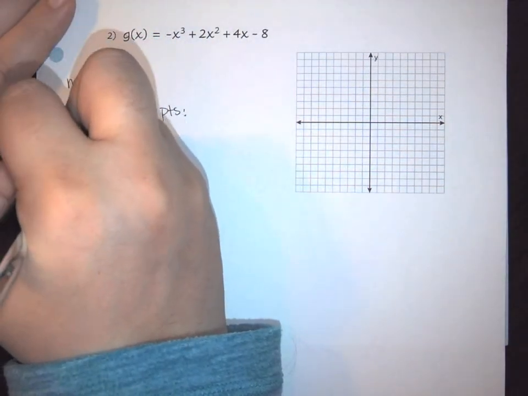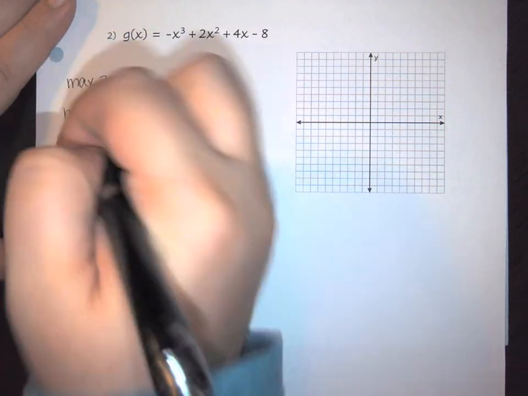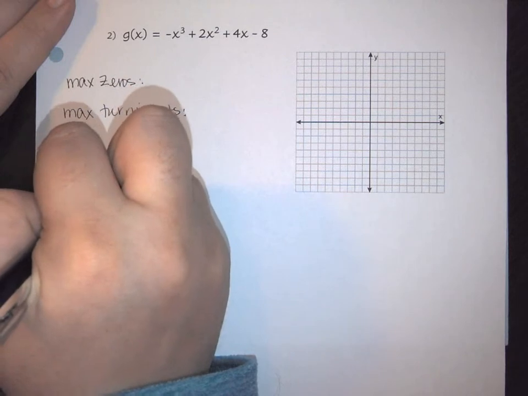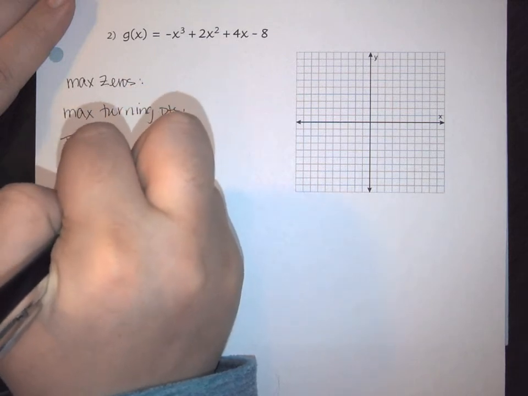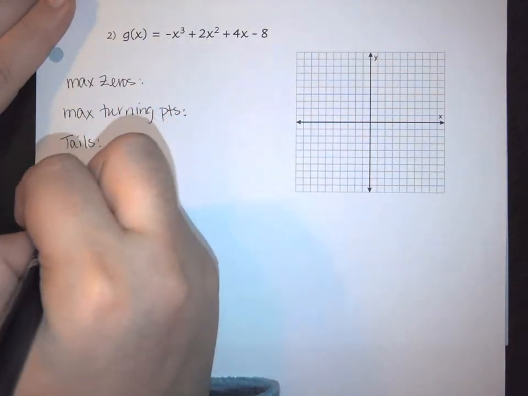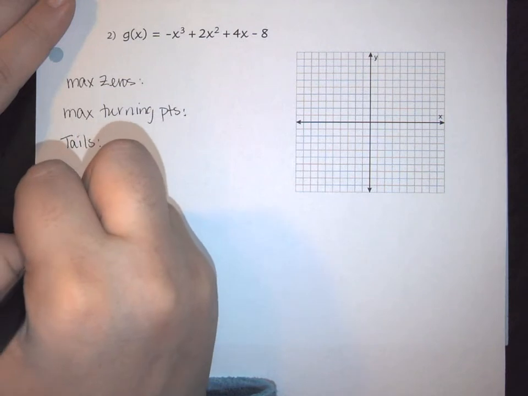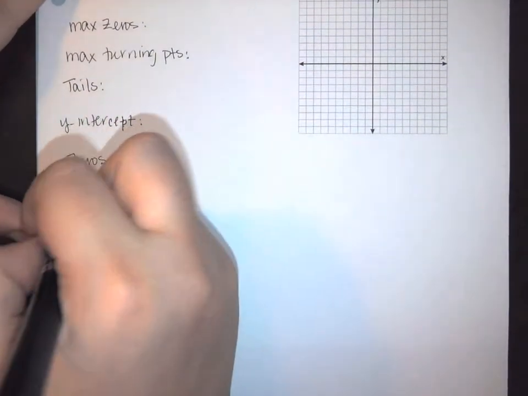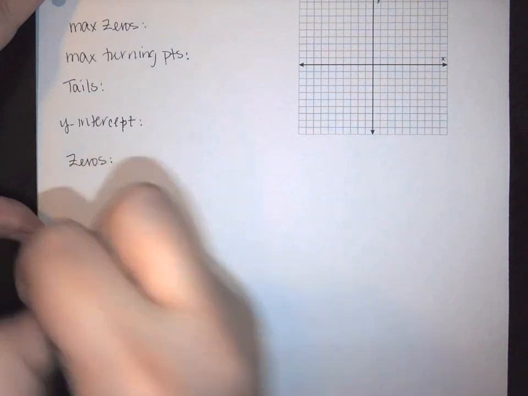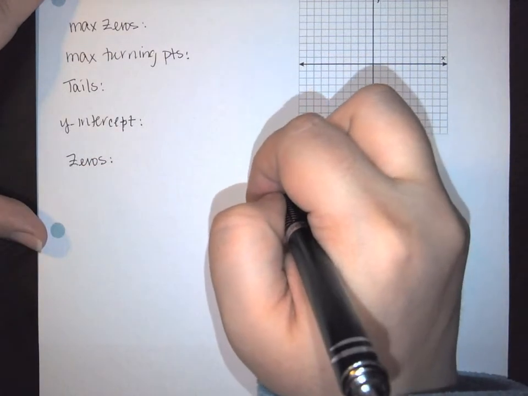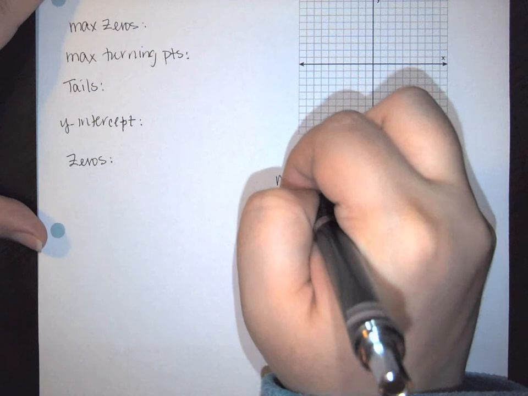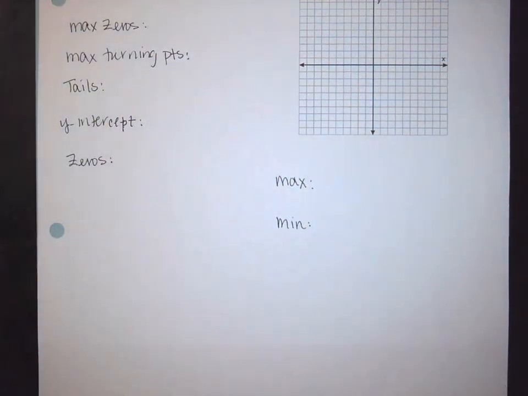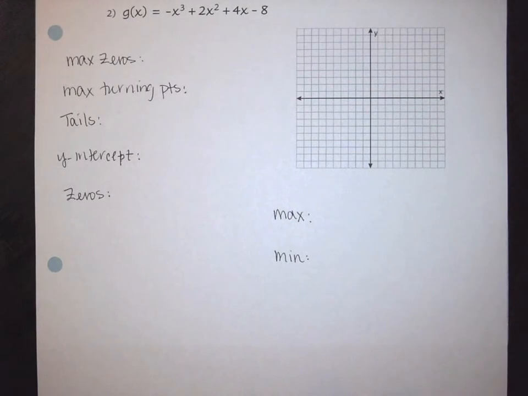We need to know your tails. We need the y-intercept. We need to know your zeros. And we need to know a maximum and a minimum. Okay, so that is everything that we need to know.